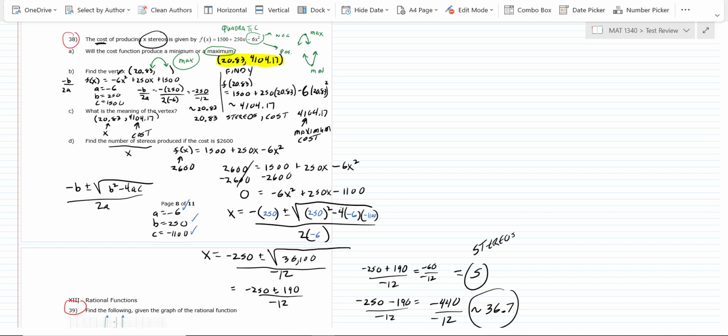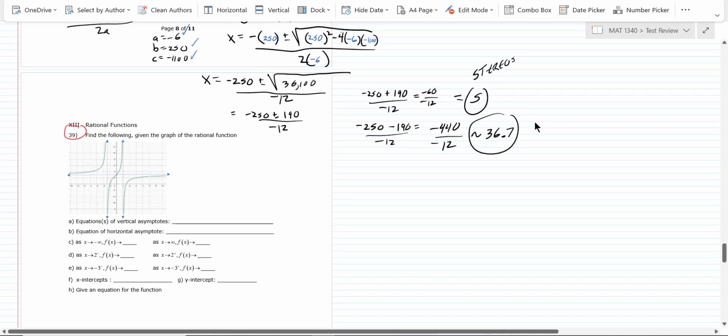So in the context of this problem, you would only have positive cost between 5 and 36.7 because those are x-intercepts. And again, the parabola is going down, so once you're beyond those, your cost is negative, which we don't have. So that wouldn't really have any meaning in the context of this problem.